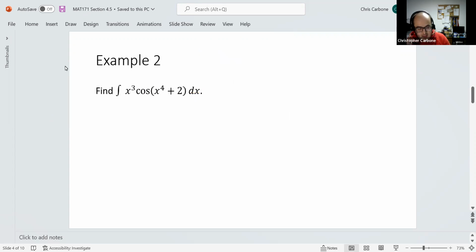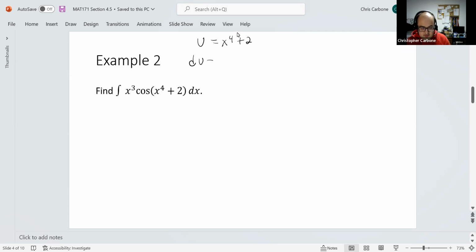And here's another one. The integral of x cubed times the cosine of x to the 4th plus 2 dx. So here we're going to let u be in the parentheses of the cosine here. This would be x to the 4th plus 2.